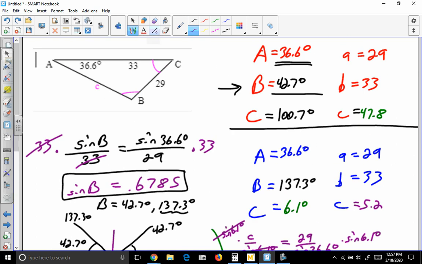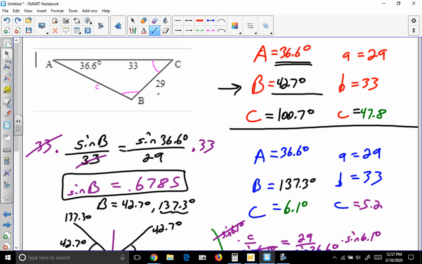So we get one solution where our triangle looks roughly like this. This probably is closer to the second solution. Well, their picture is really not to scale. Here, yeah, C is a small angle here.